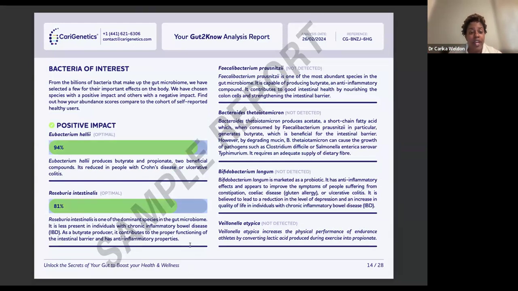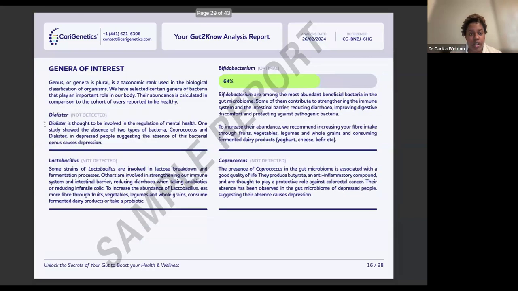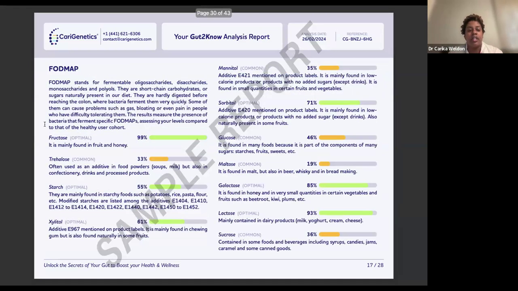And in the same vein, it also shows you, do you have certain bacteria that have a negative impact on your gut health and your overall well-being? And again, so you can try to see how you can avoid them or get rid of them. And then there are just some general genera of interest that are known, and you want to be able to know if you have them or not.